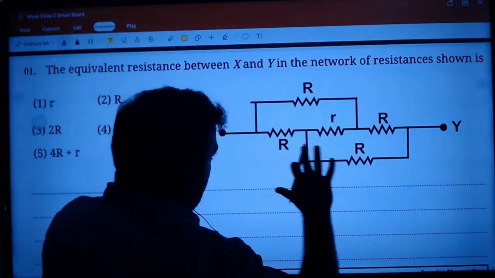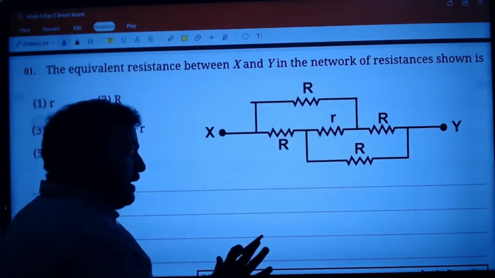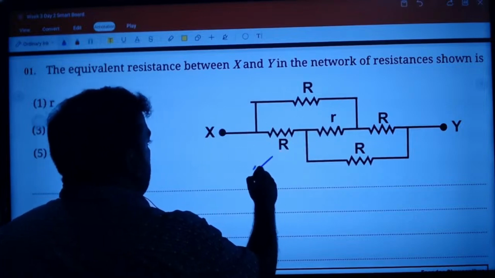Now, when we did capacitors, this configuration is connected to a Wheatstone bridge.